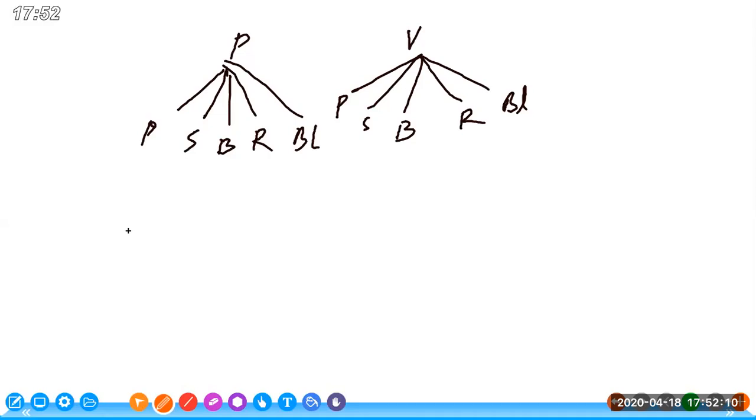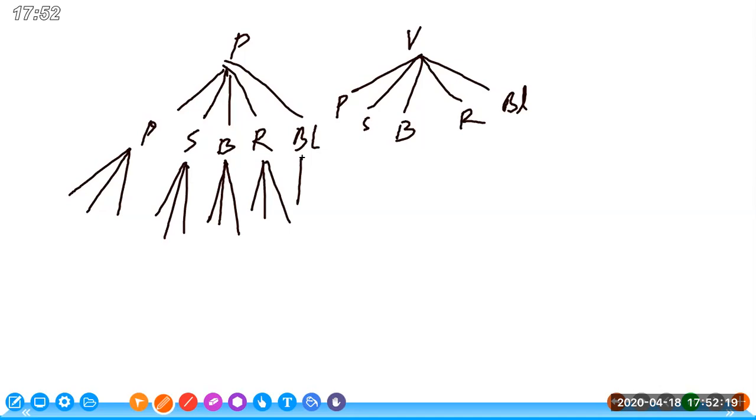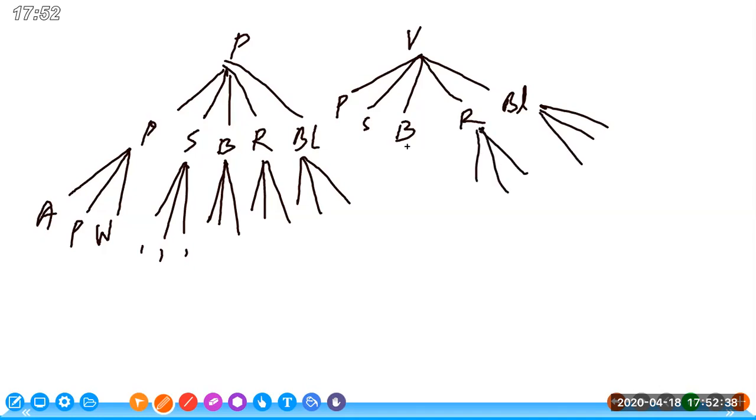So each of them can again be given 3 more branches: almond, peanut, walnut. Same thing for these. And the same thing I can do for this side as well. It takes a lot of space and time if I was to do it using the tree diagrams.